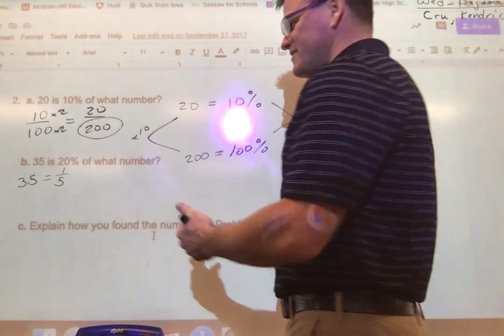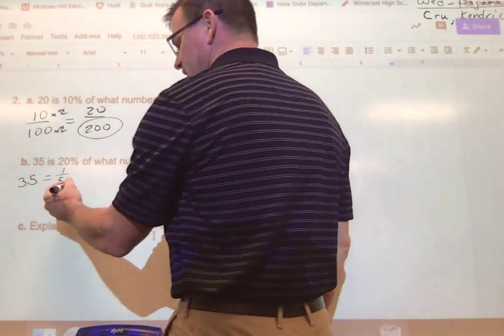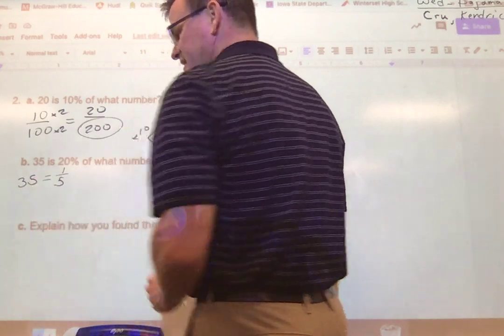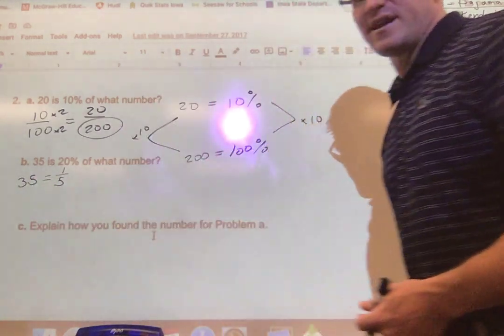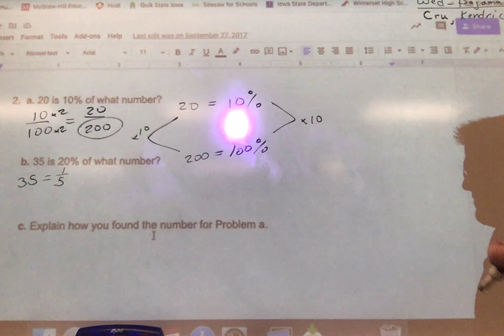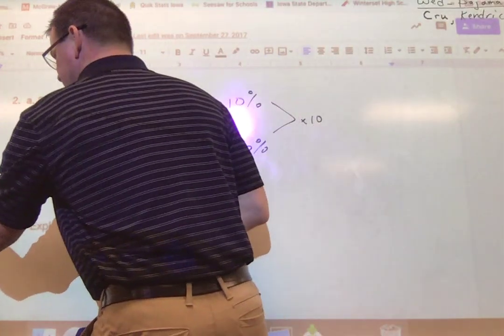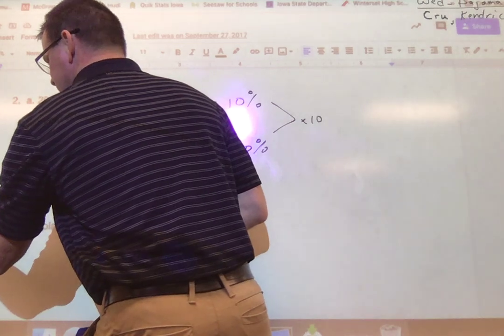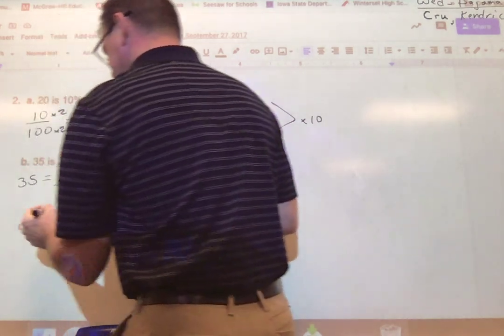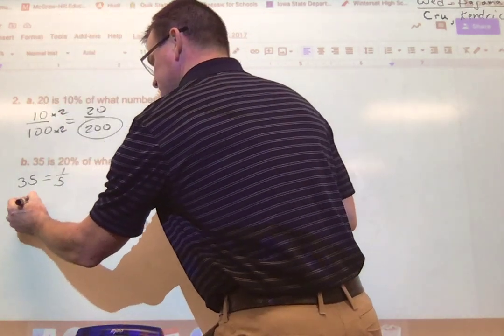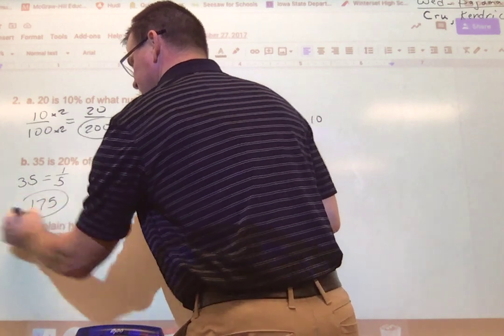Okay, if I do this 5 times, I get to the whole number that I'm missing. So I can simply take 35 times 5, and I get to the whole number that I started with. That's 1/5 of it. Do it 5 times, you get 5/5. So I could just simply take 35 times 5, and you get 175. So 175 could be my answer there if I thought about it that way.